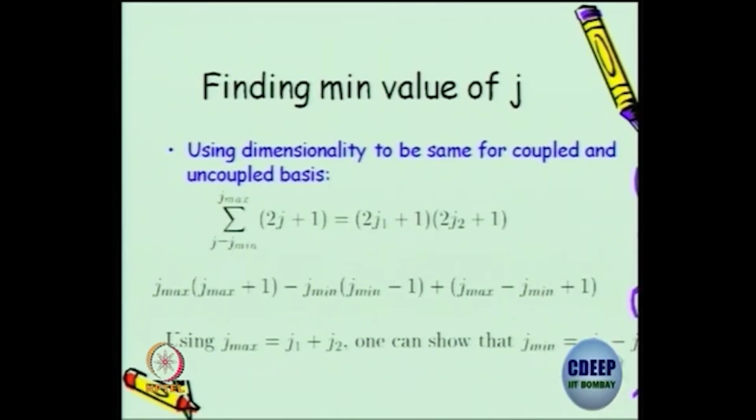Minimum J value will be the positive of the difference. If J1 is greater than J2, it's J1 minus J2. That is the minimum J value. If J1 is less than J2, it is J2 minus J1. Clear?